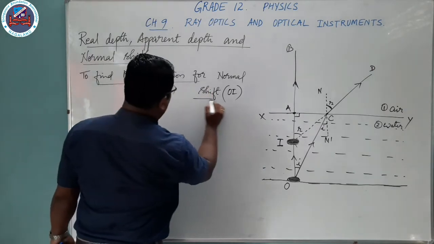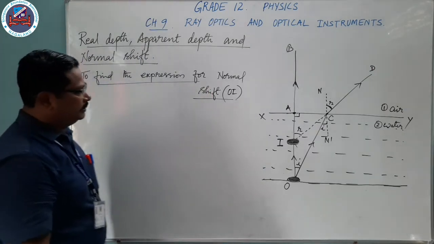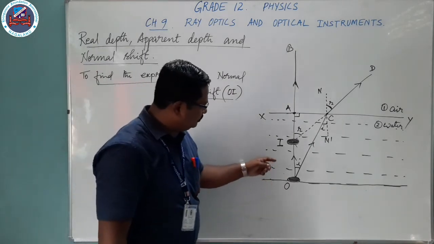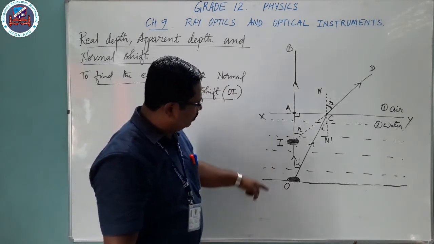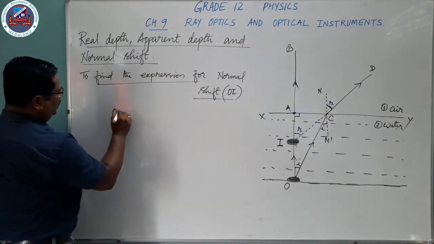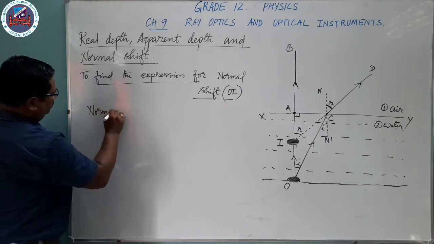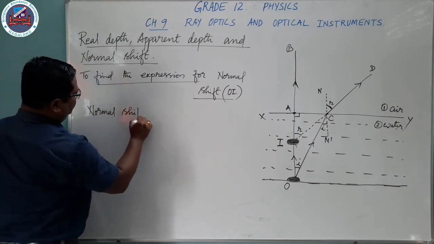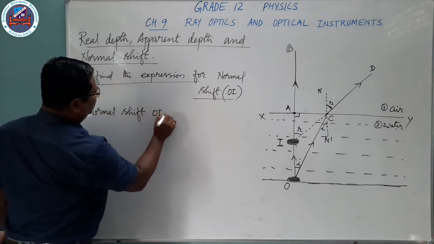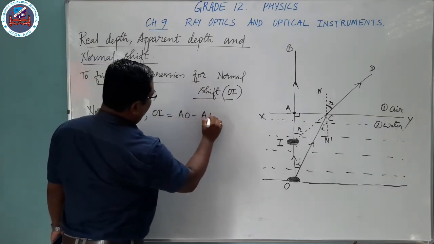To find this expression for normal shift, we do it geometrically first. OI, we can write normal shift OI, is equal to AO minus AI.